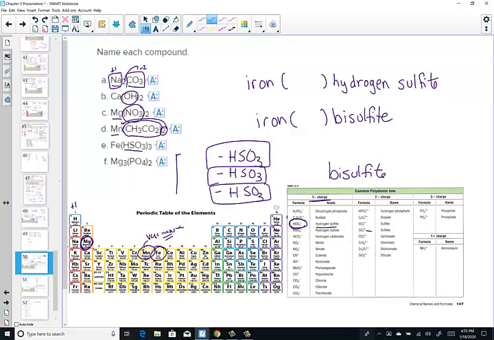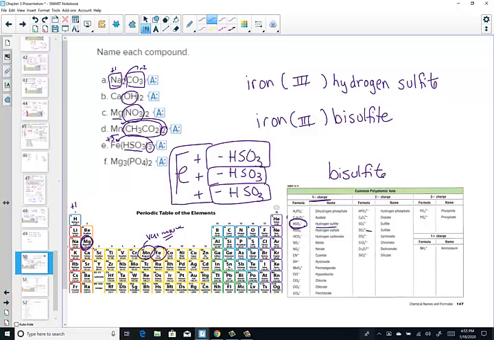We have 1 iron that's responsible for neutralizing all 3 of those -1 charges. Clearly you see that its magnitude must be a +3 so that it balances 3 units of a -1. That 3 outside the parenthesis came from the iron's +3 charge. This is called iron 3 hydrogen sulfite or iron 3 bisulfite.